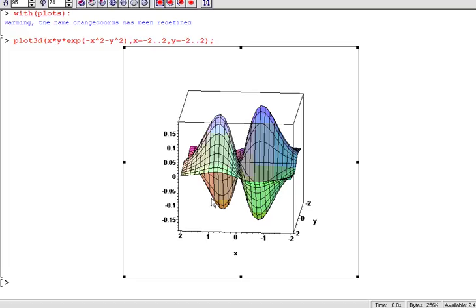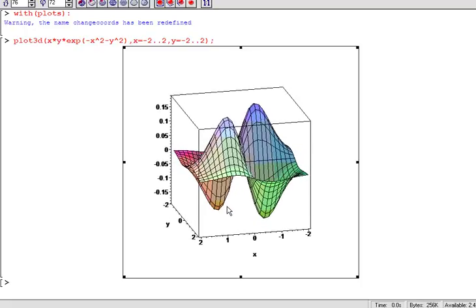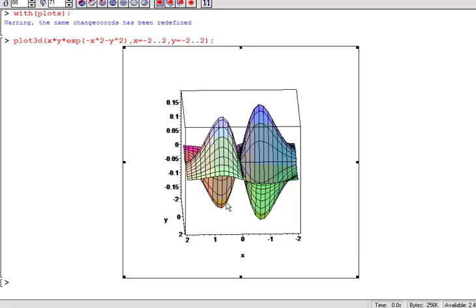And we have mins. There's a min right here. And again, that's when x is negative 0.8 and, let me turn this around, also the same thing at negative 0.8.